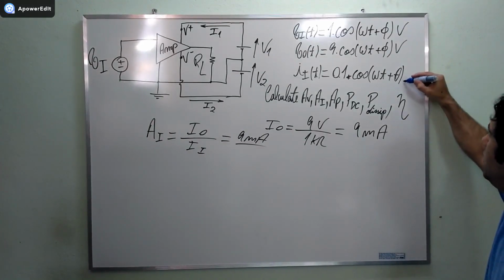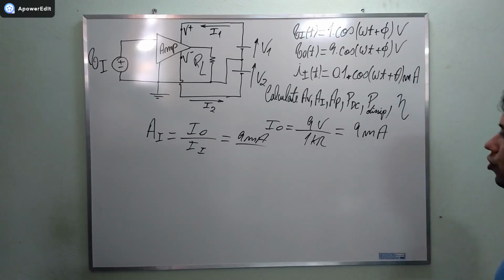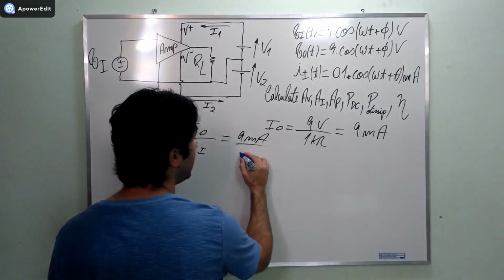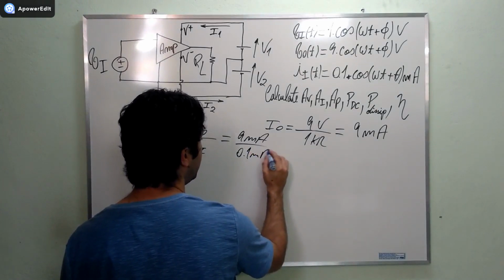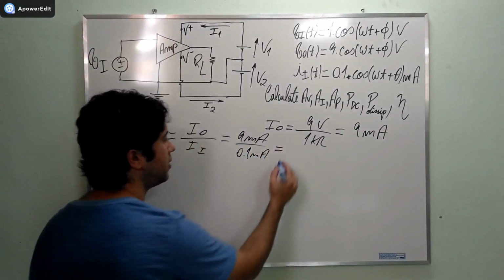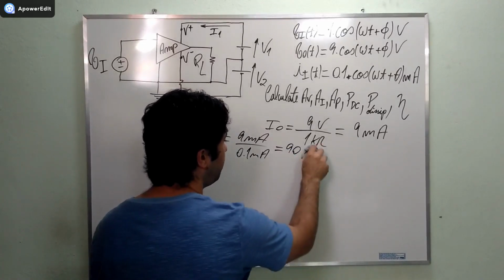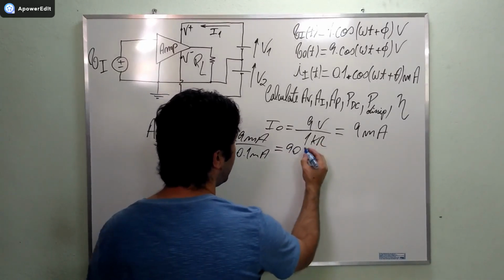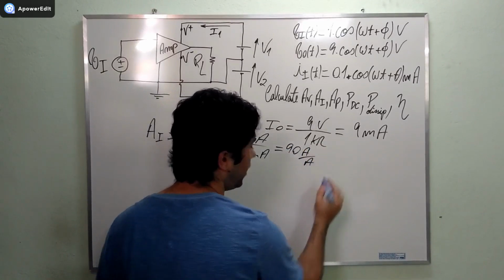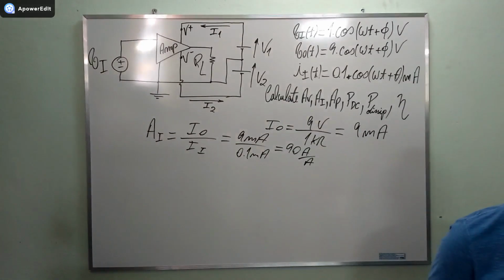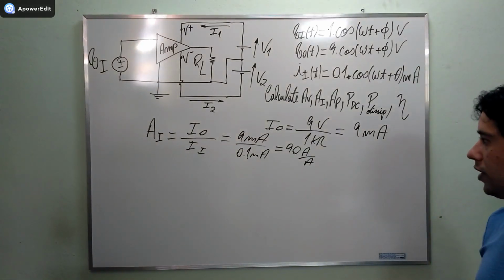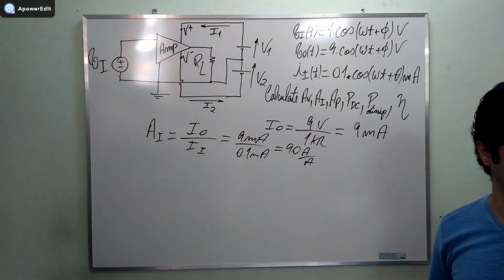This is in milliamperes. So it's going to be equal to 0.1 milliamperes, and then we find that this is 90 amperes per ampere. This is the gain of the amplifier, the current gain of the amplifier.